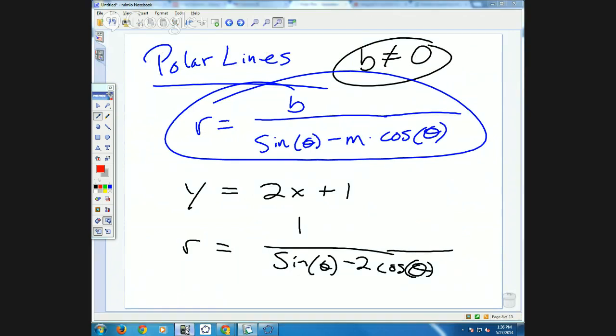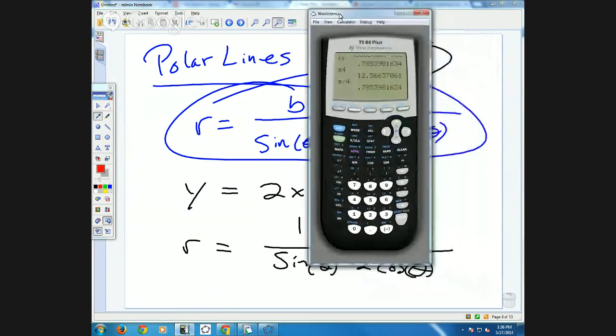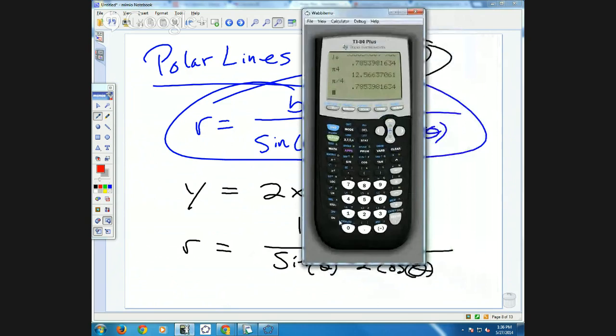And I will use the crappy resolution TI because you guys are, sorry to demean your TIs, but they do have crappy resolution. Yours doesn't? Oh, you got the new one? Oh, I got to come look at that. I've only seen it a couple of times. How expensive was it? That included shipping though, right?